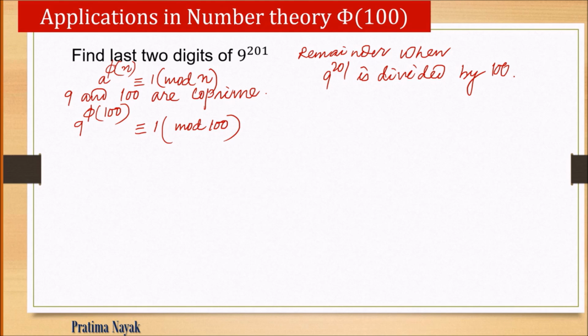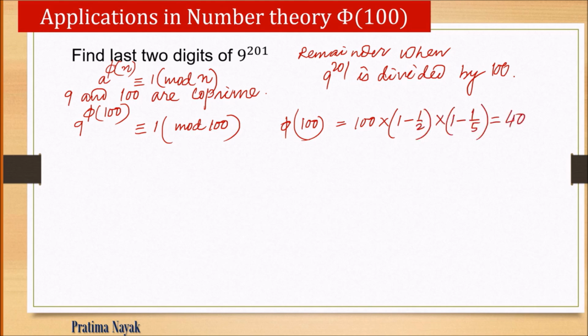Now let us find what phi of 100 is. We have already calculated it. Phi of 100 equals 100 multiplied by 1 minus half, because 2 is a factor, and 1 minus 1 by 5, because 5 is a factor. This was 40, just now we calculated.